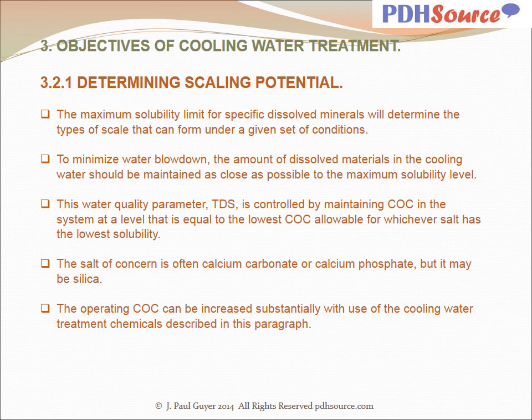This quality parameter, TDS, is controlled by maintaining COC, cycles of concentration, in the system at a level that is equal to the lowest COC allowable for whichever salt has the lowest solubility. The salt of concern is often calcium carbonate or calcium phosphate, but it may be silica. The operating COC can be increased substantially with use of the cooling water treatment chemicals described here.